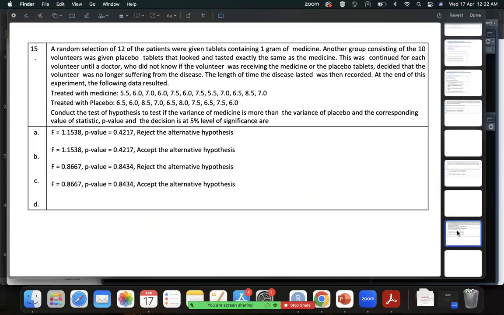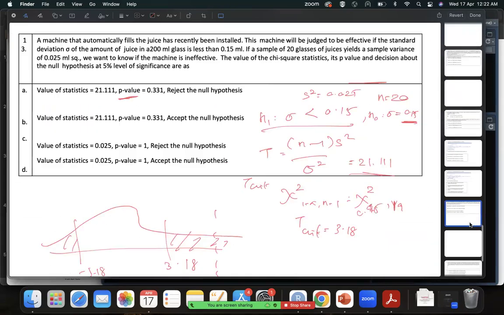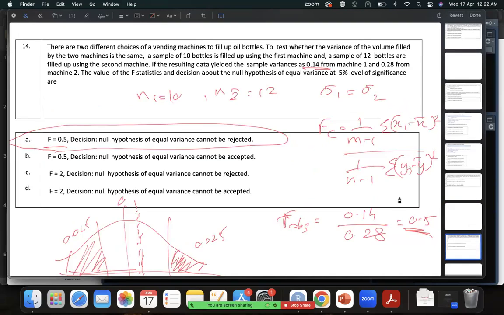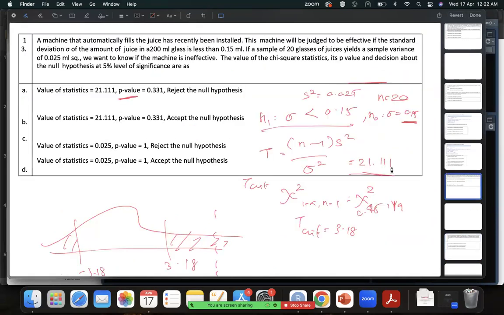And final question. Can you show the answer of previous question? Question 13. I'll get back to you. I'm not sure about that.